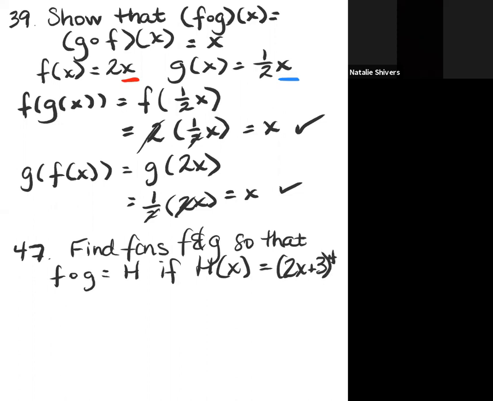Okay, so this one's kind of going to lend itself towards a bit of calculus, but that's okay. You can guess at it. No big deal. So knowing what we know, we're going to take one function and make it the inside.